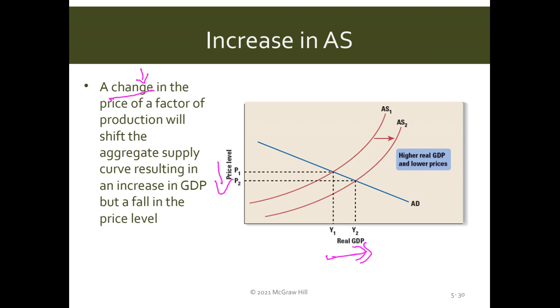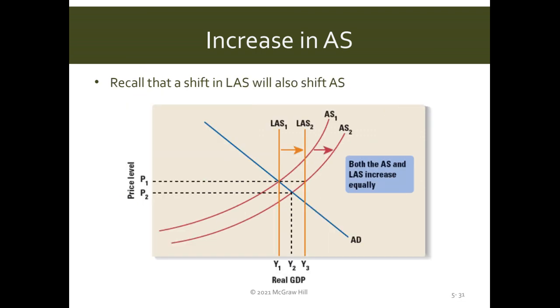Now this is the most complicated case, where I shift both aggregate supply and long run aggregate supply. You know the rule. First, the aggregate demand is the same, and the long run aggregate supply initially was LAS1, and AS1 is the initial supply curve. You can see this is the equilibrium point, whereas P1 is the price.